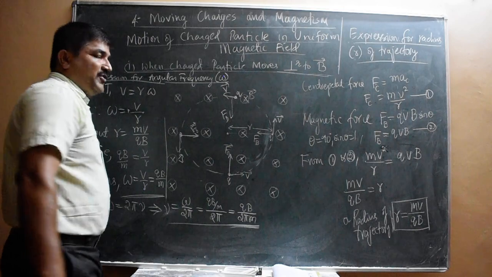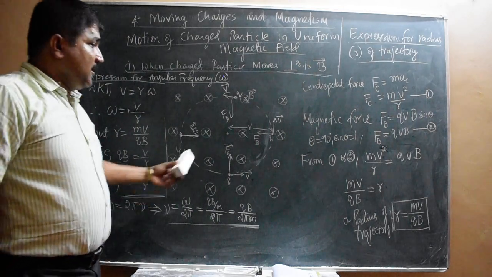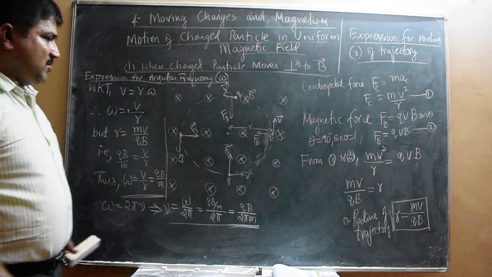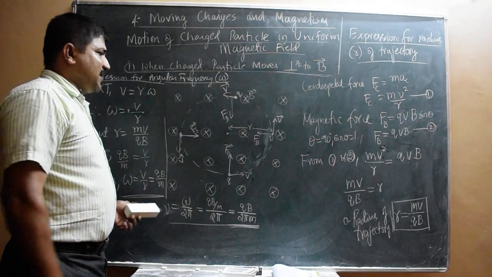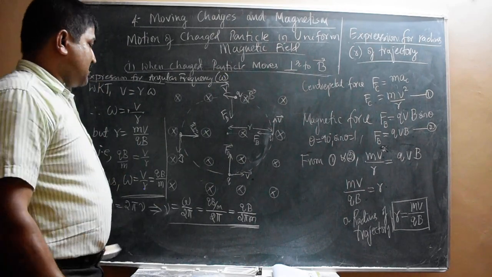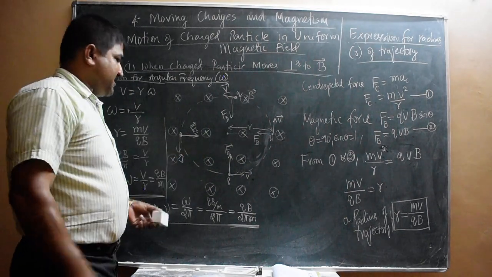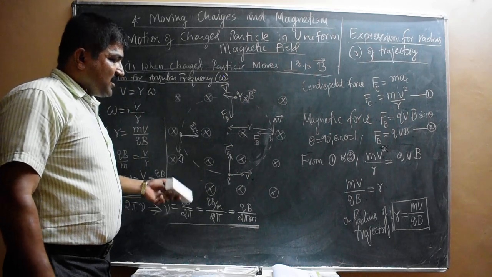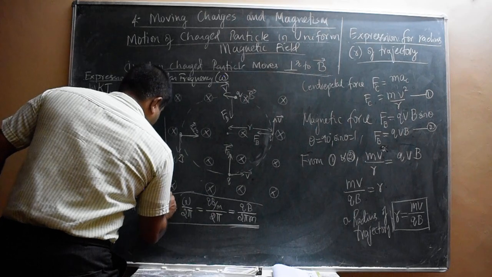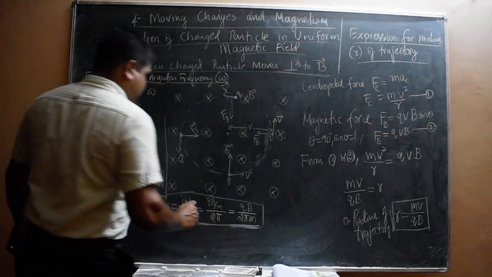But if you take a proton or alpha particle in a certain magnetic field, it comes to a few megahertz or gigahertz. It is extremely large, and the radius may be a few centimeters or a few millimeters for that charged particle trajectory.